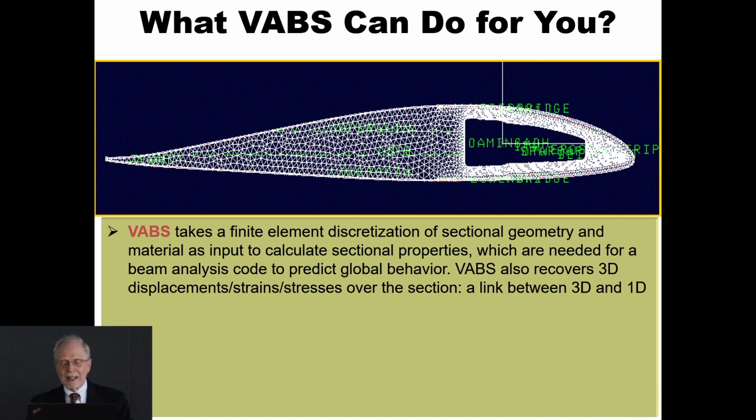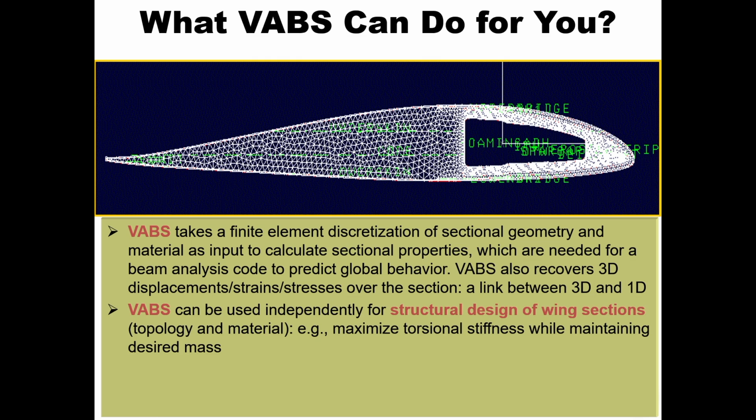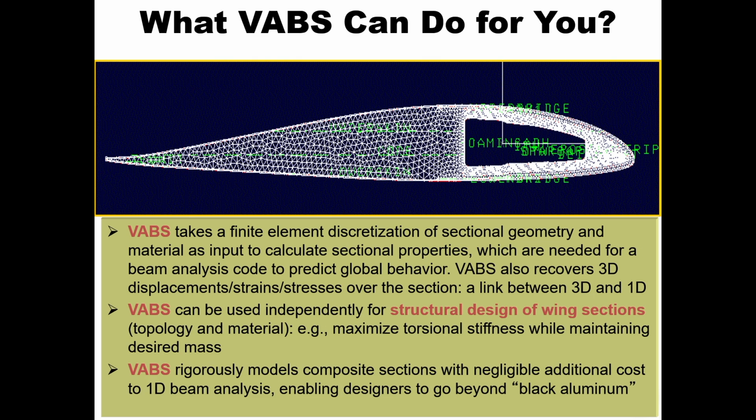It makes a finite element discretization of the sectional geometry, can be used independently for structural design, and it rigorously models composite sections with negligible additional cost to the rotor blade analysis.